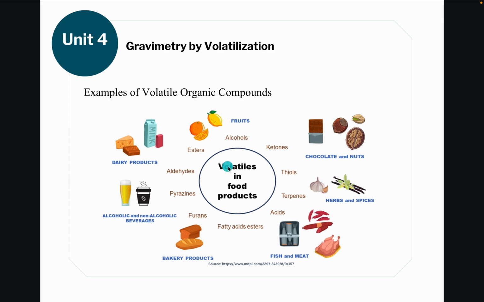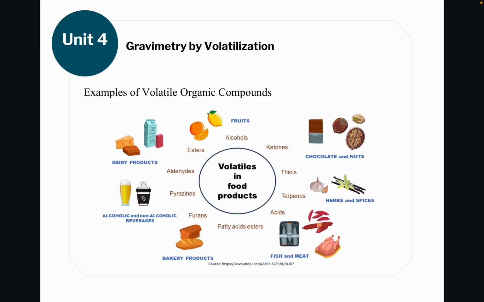An example of these volatile compounds is your ketones, particularly acetone. As we have observed, acetone is commonly found in nail polish remover, and acetone can easily vaporize in the atmosphere even at room temperature.